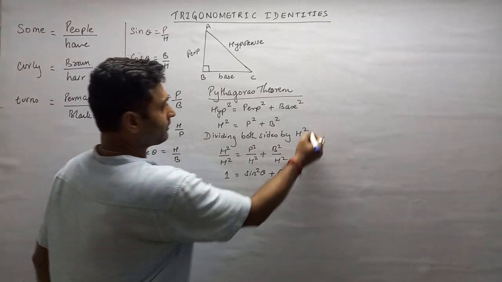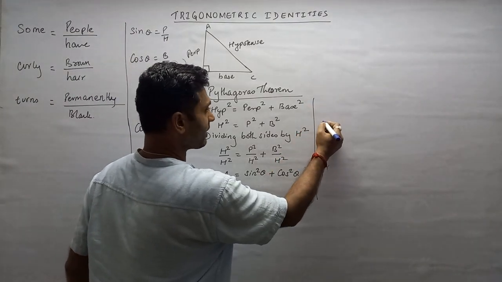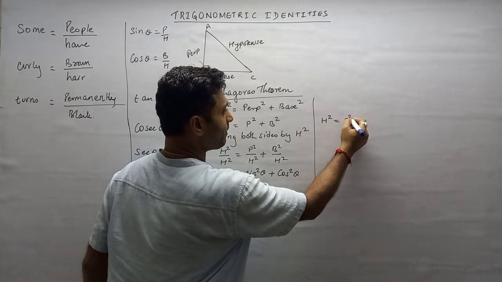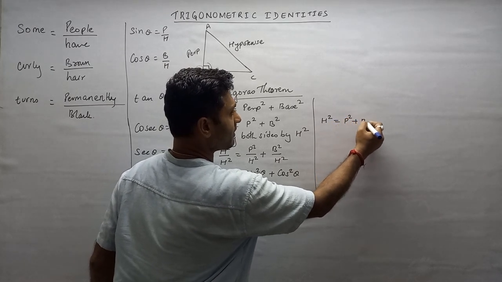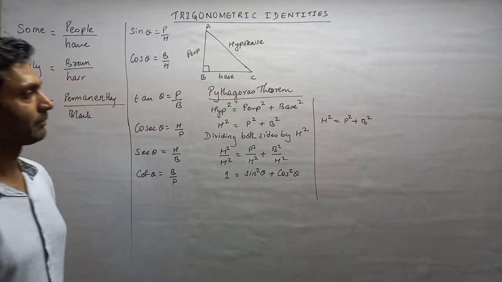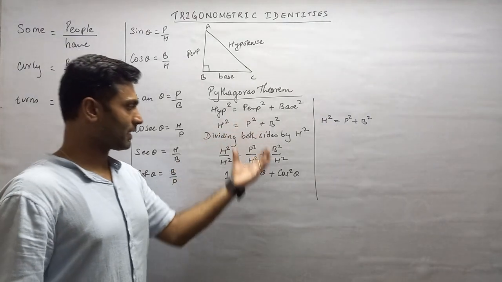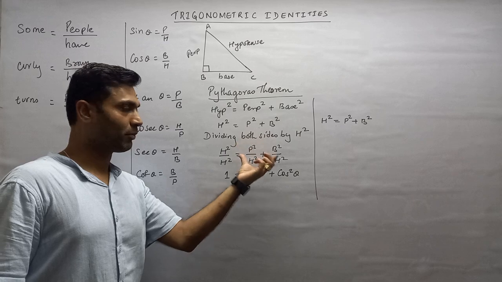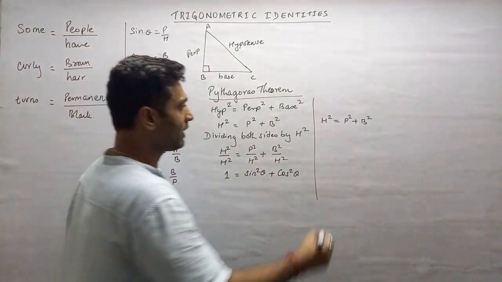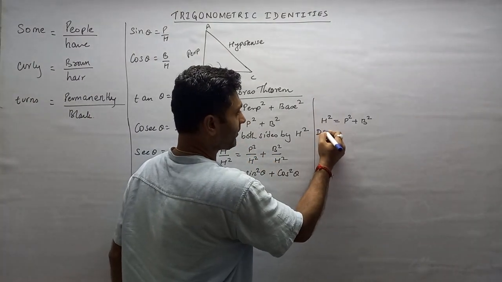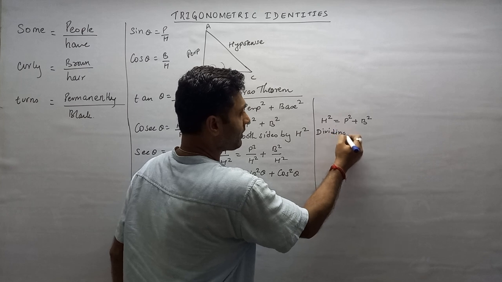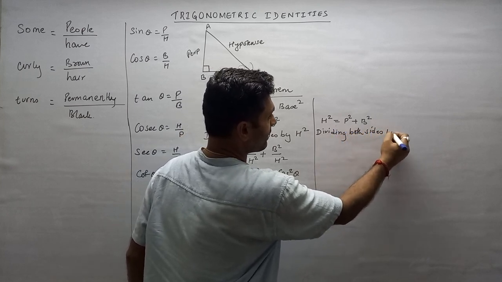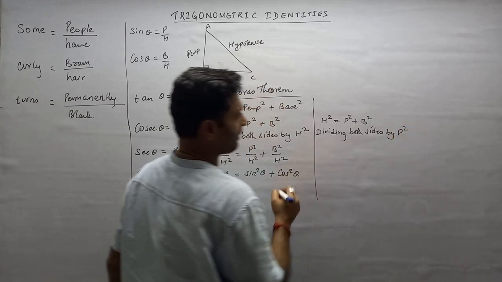The second one, again I will be writing the same Pythagoras theorem, that is h square is equal to p square plus b square. Now here in the first case I have divided it by h square on both the sides, and now I will divide both sides by p square.